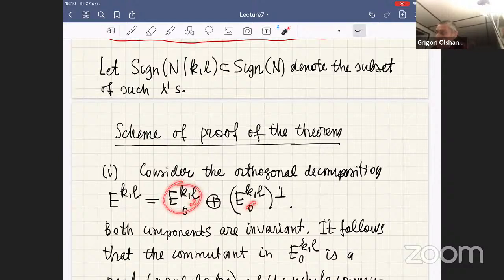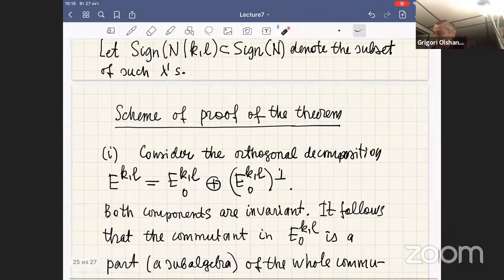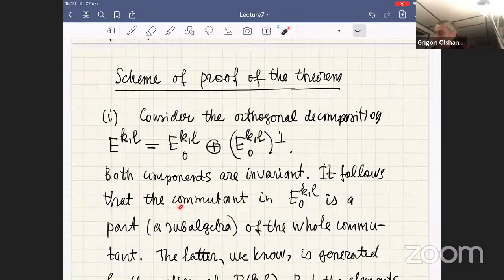This space is invariant under the action of the unitary group of GL_N. And this is also invariant. And because of this, it follows that the commutant on this invariant subspace must be induced by certain elements of the commutant on this space.